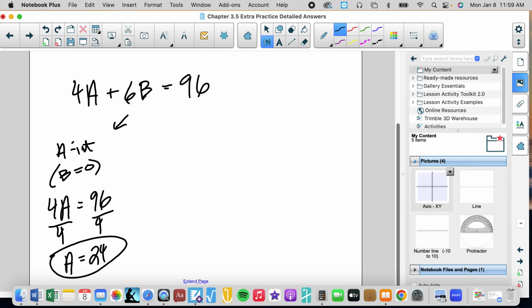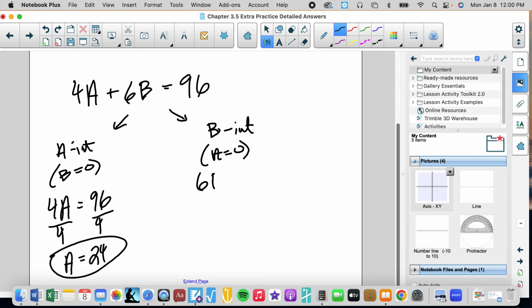It's all 96 members. And if I want to find the B intercept, I'm going to plug in 0 for A, and that's going to get rid of that term, and we're left with 6B equals 96. Divide by 6, divide by 6, and B is going to equal 16.